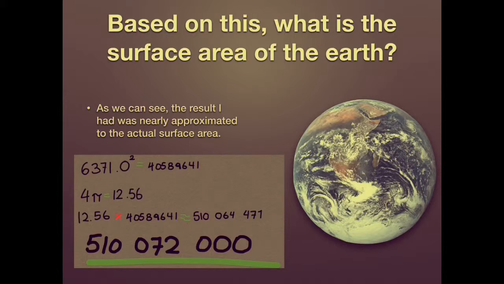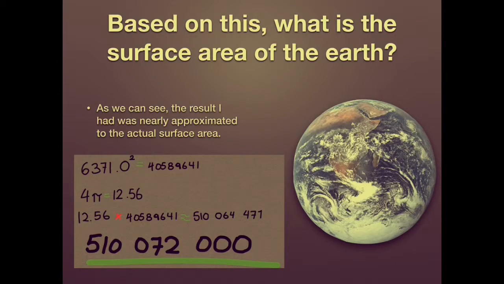So, we multiply 4 times pi, and that gives us 12.56, and then we multiply that by the result we got from the square of 6,371, and when we do it we get a number that is supposed to be the actual surface area of the Earth, and this one is 510,064,471.